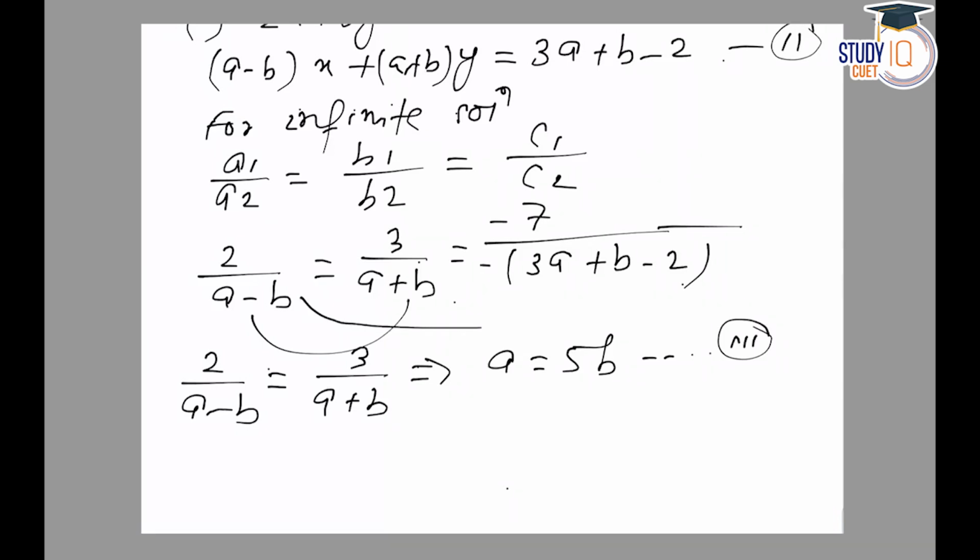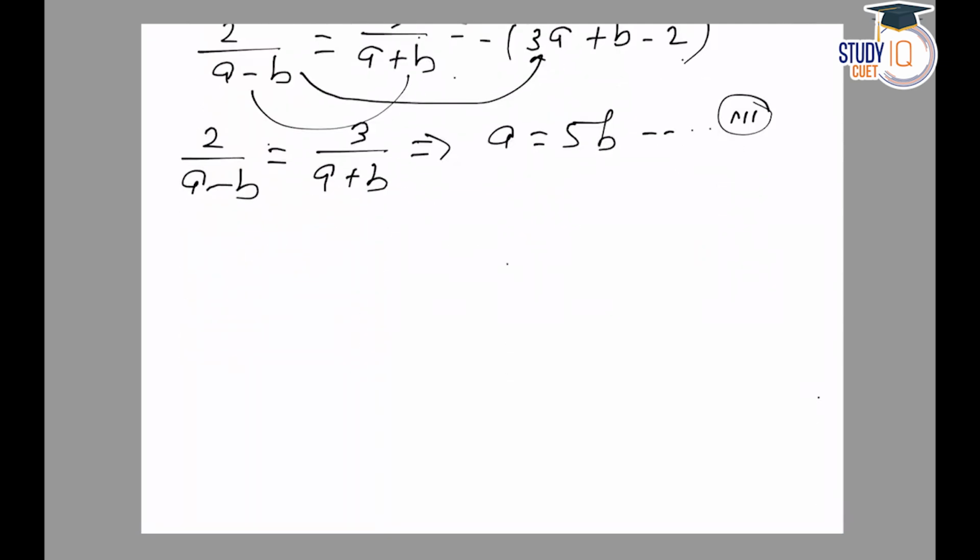So here we get 2 divided by (a minus b) equals 7 divided by (3a plus b minus 2).